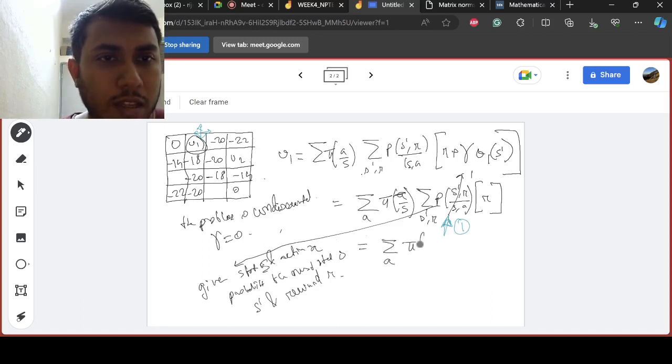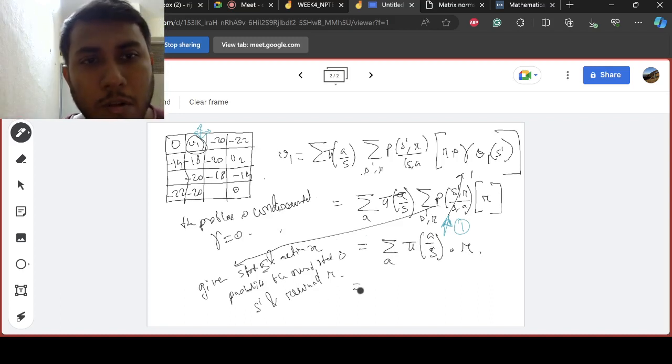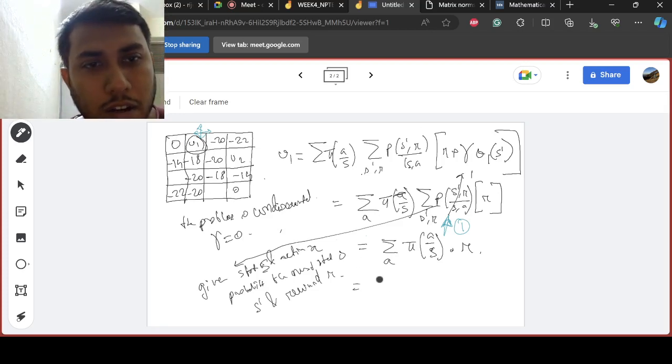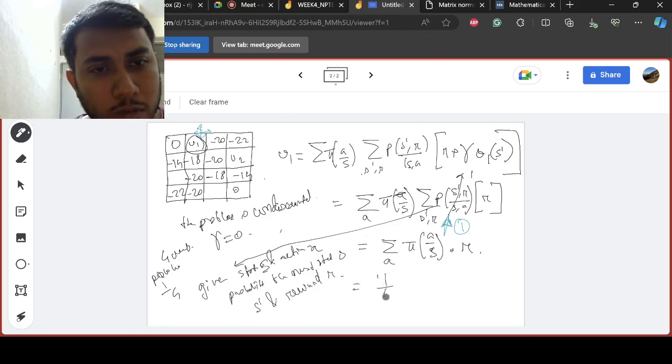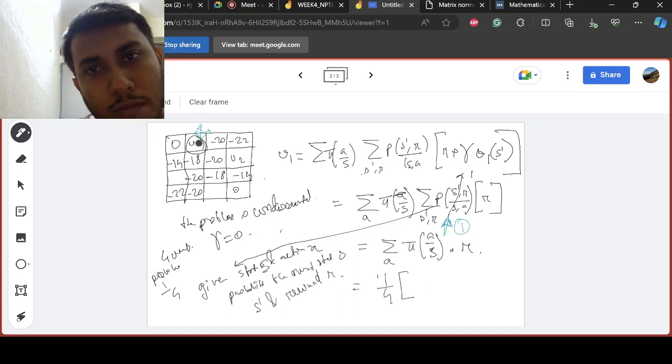So it ultimately comes down to the summation over a of pi of a given s, into r, right? Now one more thing is said: each of the actions has equal probability of happening. Going left, right, up and down have equal probability, so this will be 1 by 4. So 1 by 4 into the rewards.